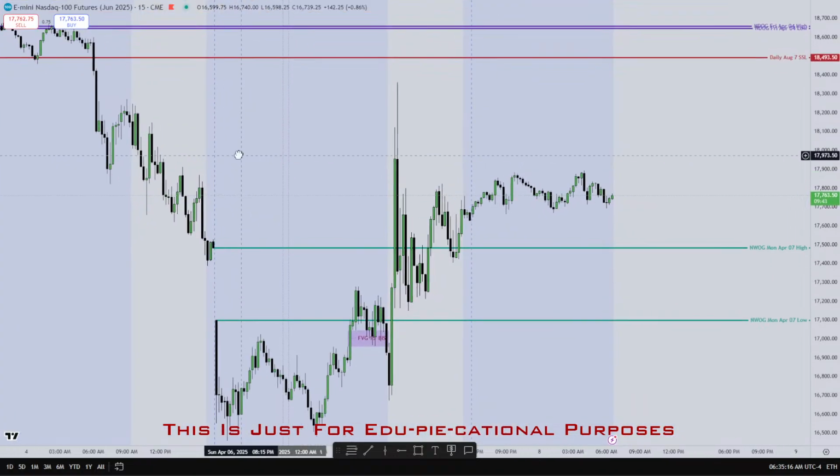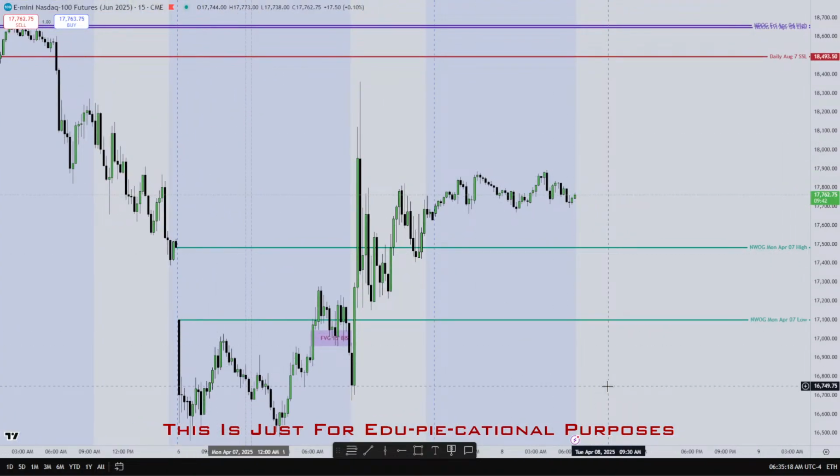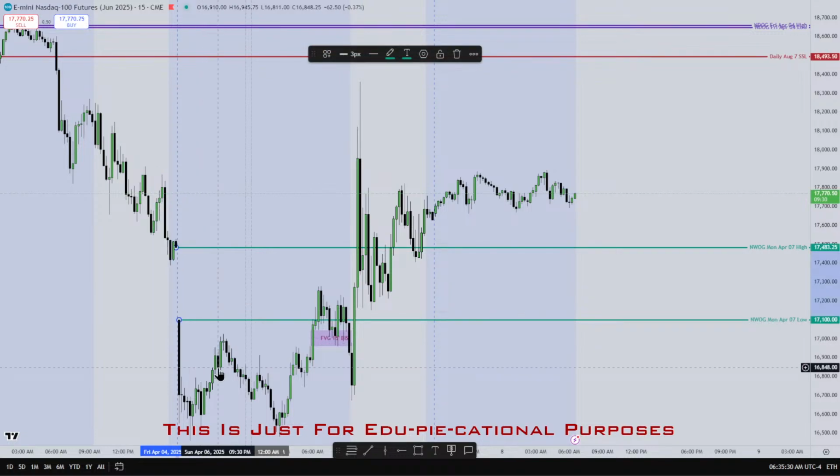Okay, now we are in the 15-minute chart, and it's Tuesday, April 8th. We see the market opened with a very large gap around 300, which is quite a lot.